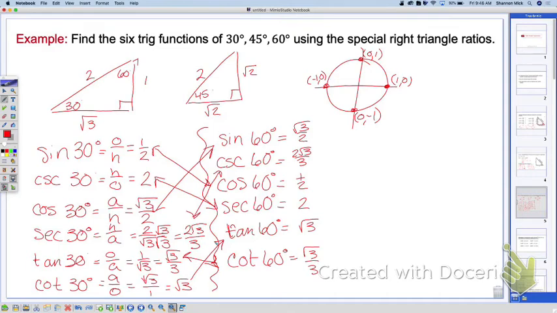Okay, so we have 45, yes? Why not do 90? It doesn't ask for 90. We can do 90. Does it matter which 45 we're using?